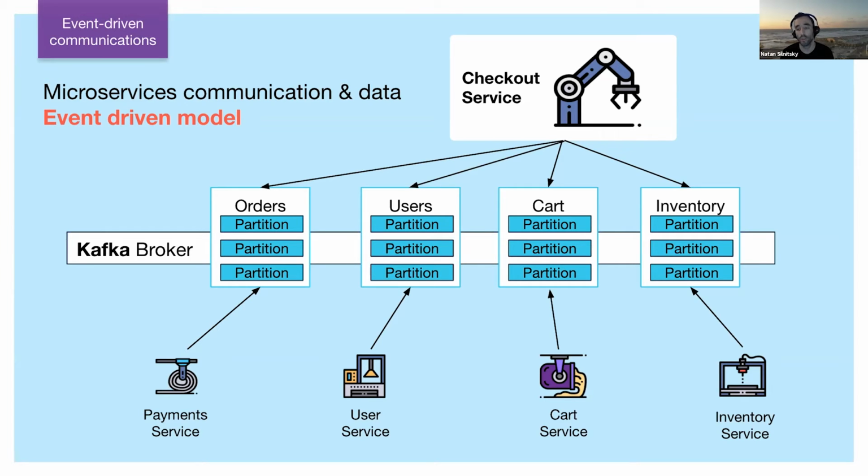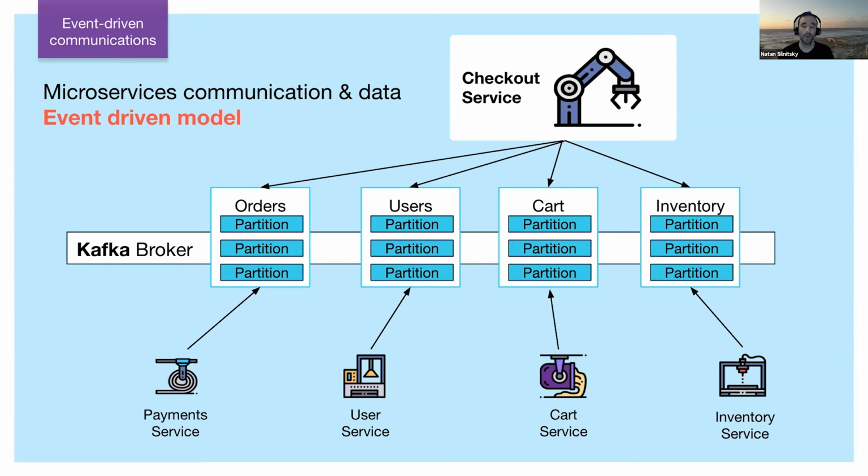So the inventory topic is in charge of the inventory service, and it will produce updates about what's going on currently with the inventory. And it may listen to other topics in order to update the inventory. But you as a consumer can know what's going on with the inventory by just listening to this topic.